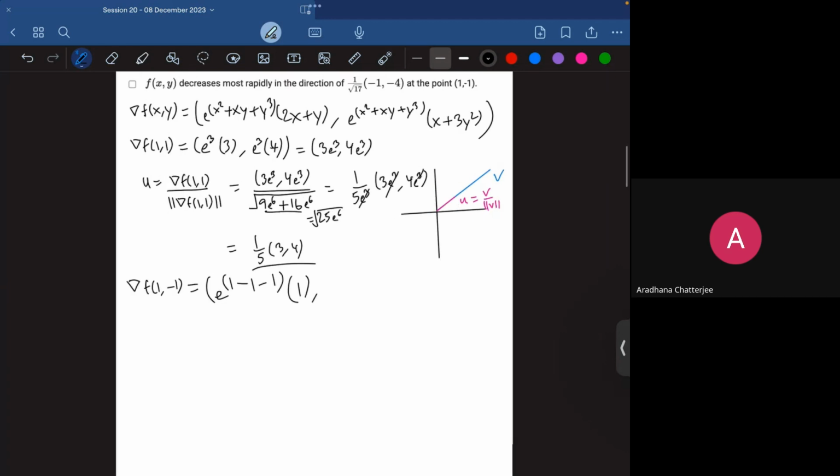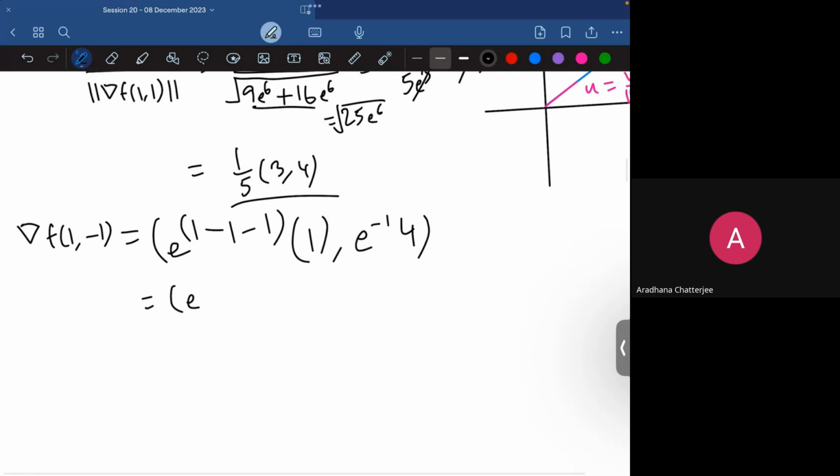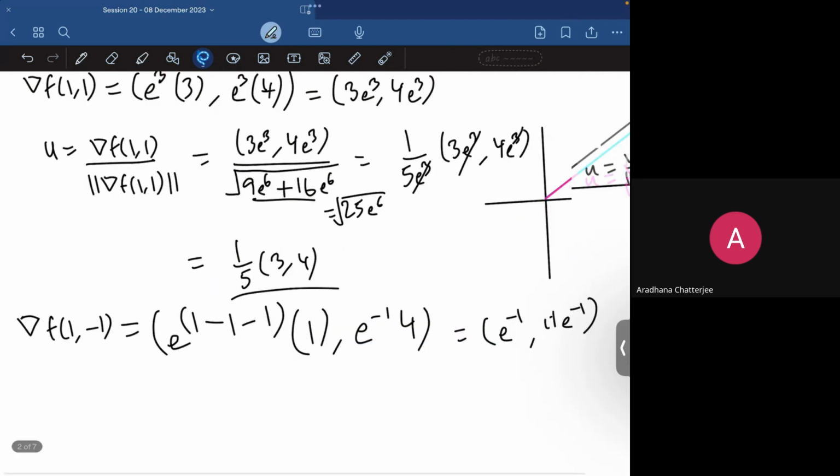Then we have here e raised to the same thing, so e raised to minus 1, I'll just put it directly, and then 1 plus 3y squared, so y squared is just 1 still, so what we're left with is 4. So that is equal to (1, 4) e raised to minus 1. So this is the gradient at this given point, right?